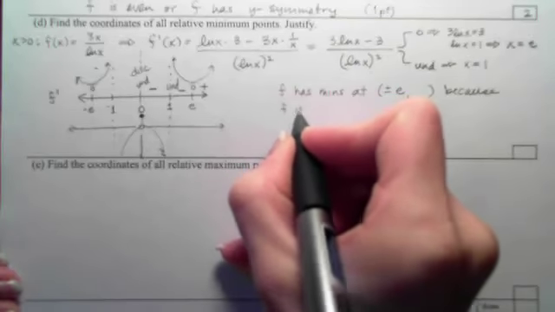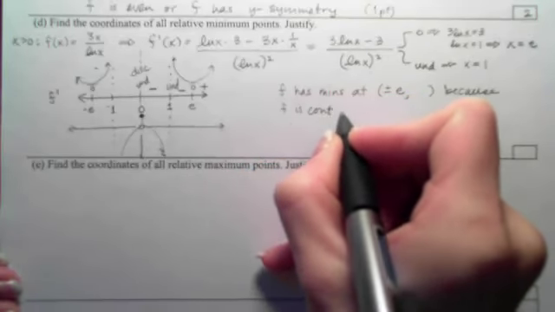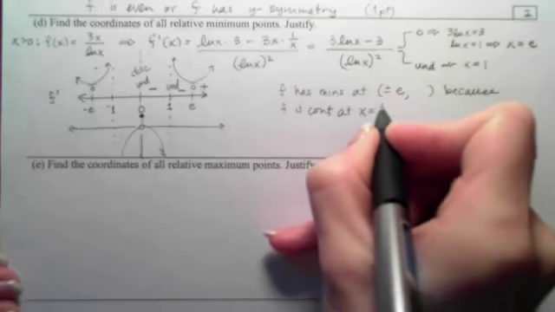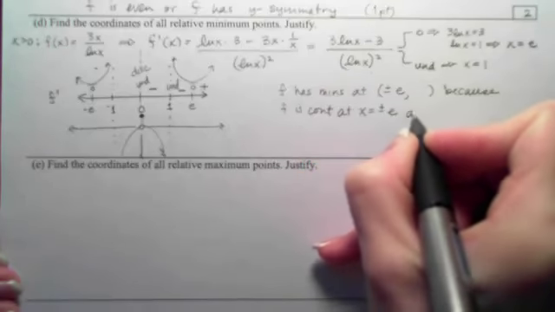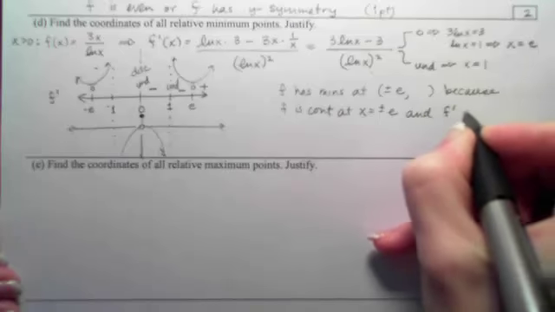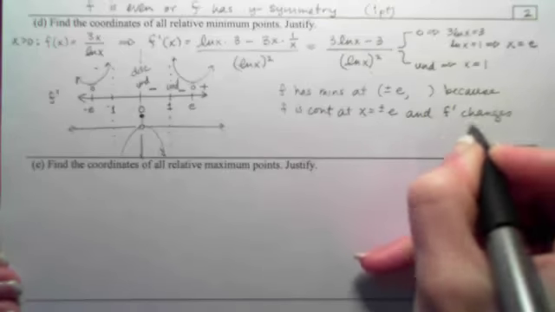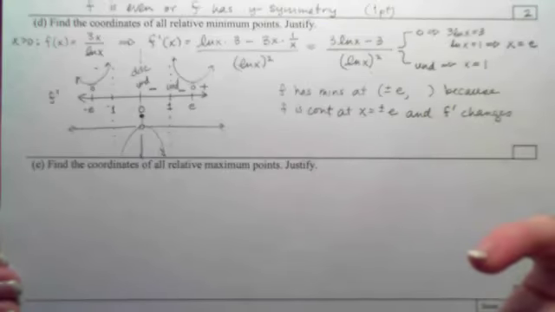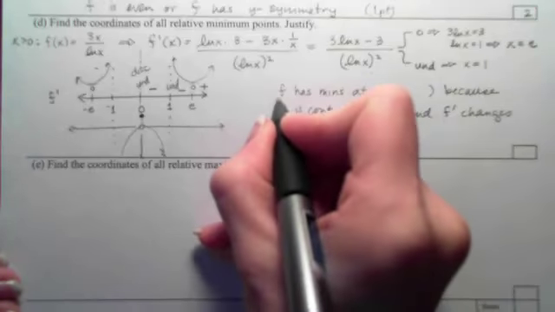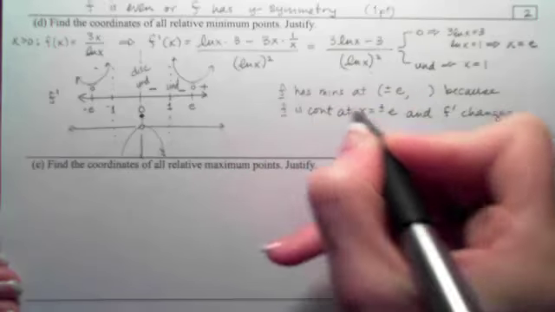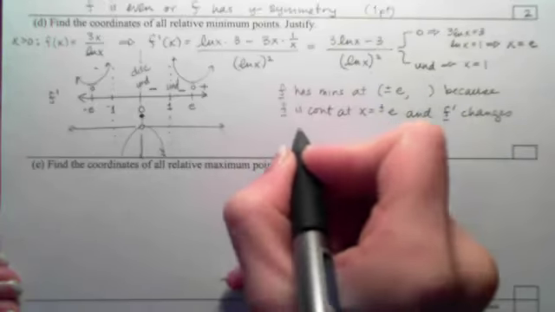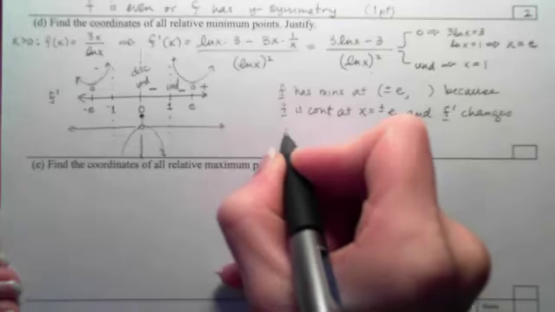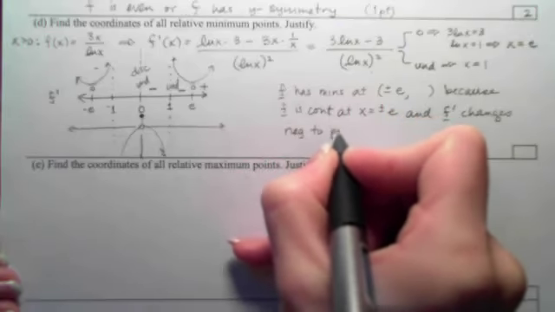So we write F is continuous at plus or minus e, and F prime, notice I'm naming the function. I'm not saying the slope, I'm not saying the derivative, I'm saying the function F prime changes from negative to positive.